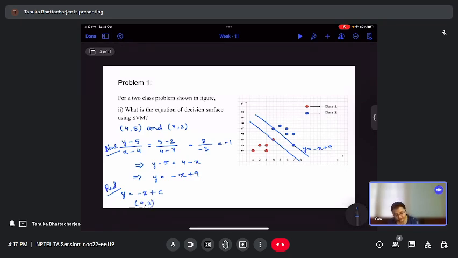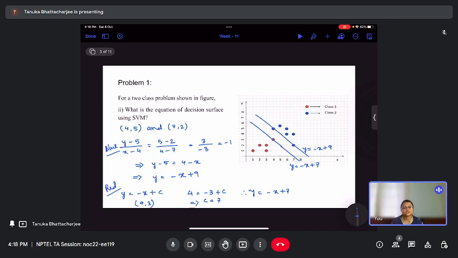So, if you put that, then you get 4 equals to minus 3 plus c, which gives you c equals to 7. That means your final equation will be y equal to minus x plus 7. So, this line is y equals to minus x plus 7.